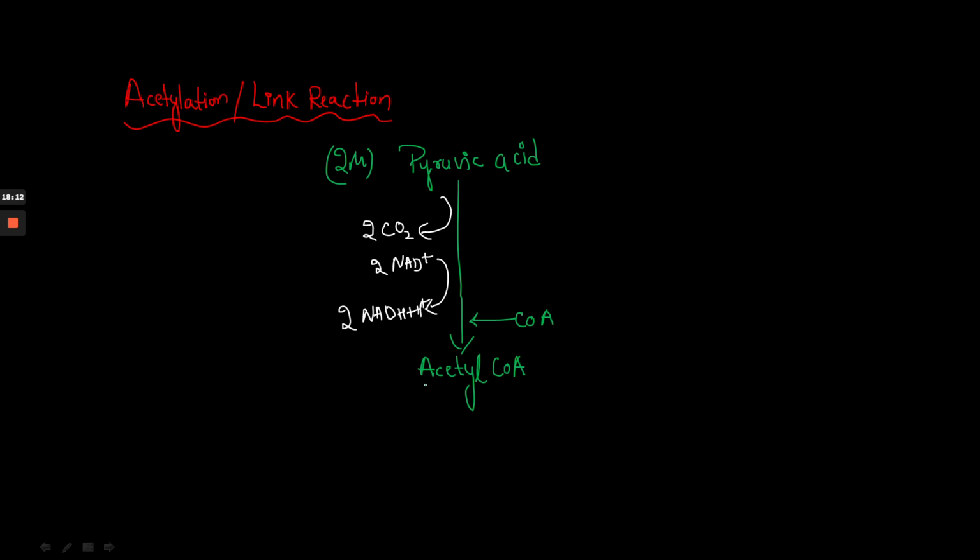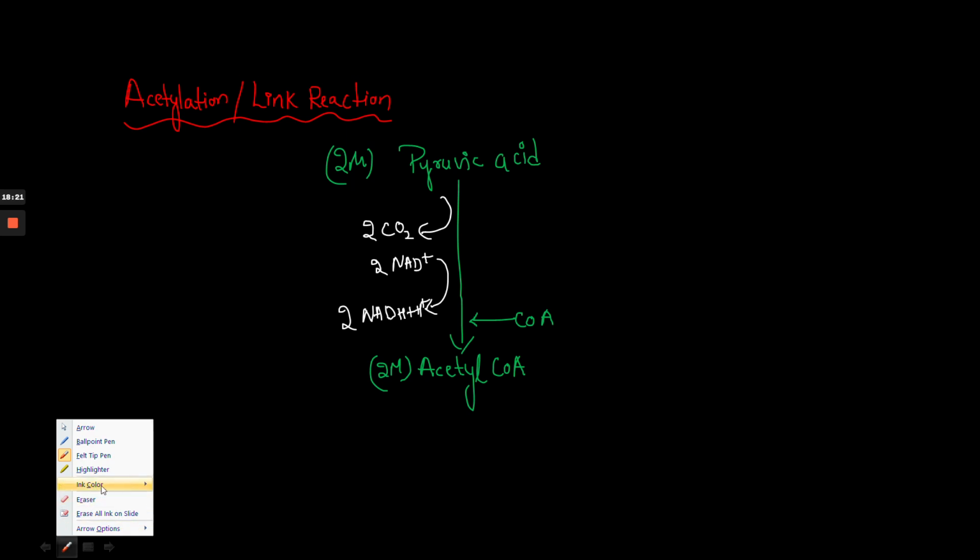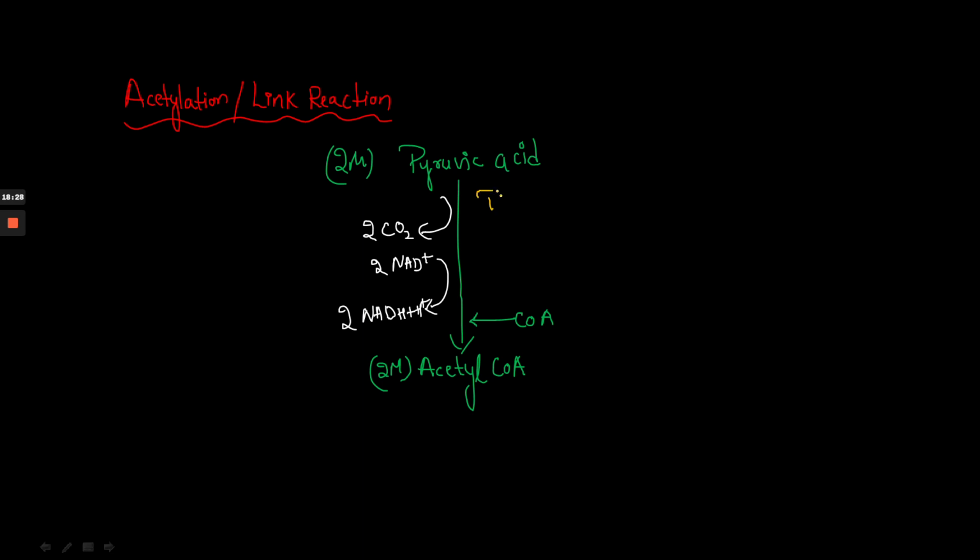Since 2 molecules of pyruvic acid were there, 2 molecules of acetyl CoA are formed during the link reaction, and all these things are happening under the function of the enzyme pyruvate dehydrogenase. And actually this is a whole complex, the pyruvate dehydrogenase complex. It includes a lot of components, like lipoic acid.